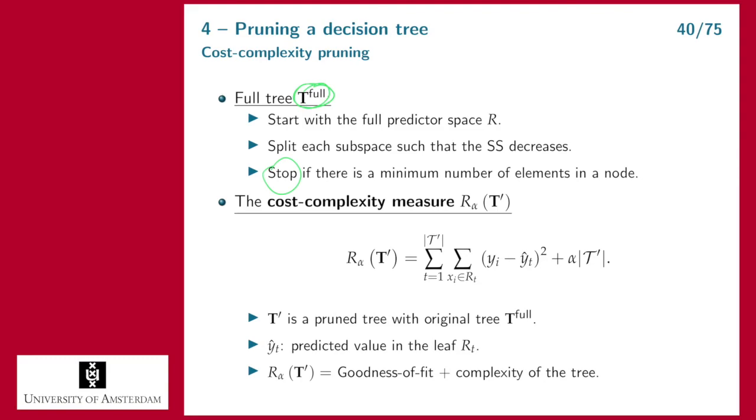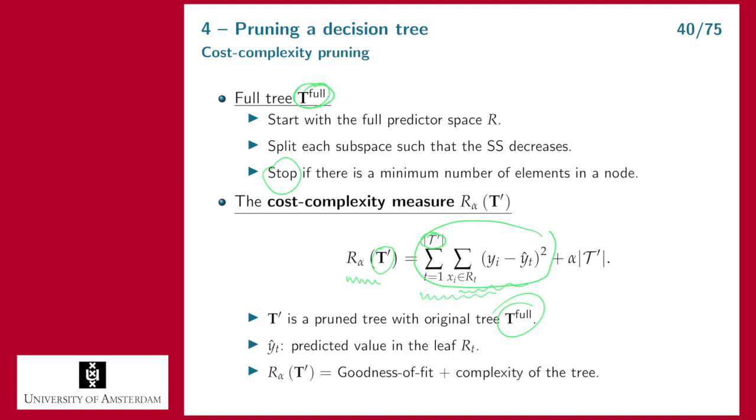However, then we will say if we have a pruned tree T prime, so a smaller tree than the original tree T full, we can look at the cost complexity R alpha. So what is that? The cost complexity is this first term here. In my T prime, I have this number of leaves. So inside each leaf, I look at the sum of squares and I look at all the leaves.